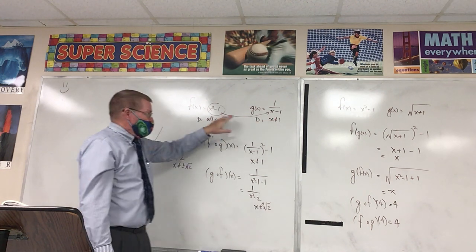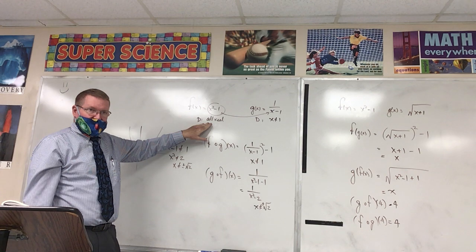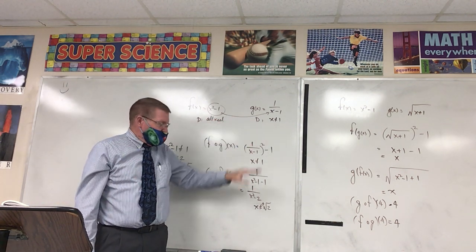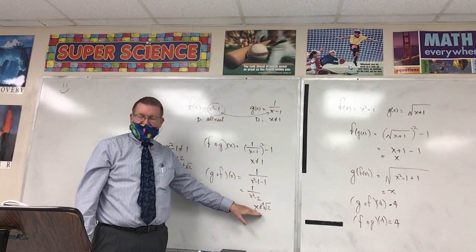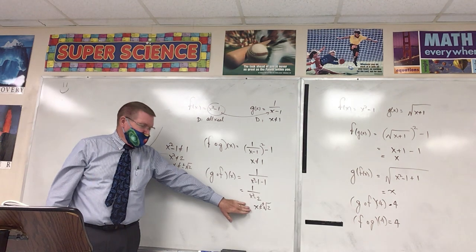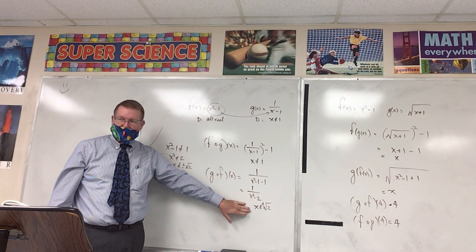So I have to figure out which real number I use to get me a 1. That would be plus or minus square root of 2, and I can't use that. So therefore my final result is my domain cannot equal plus or minus square root of 2.